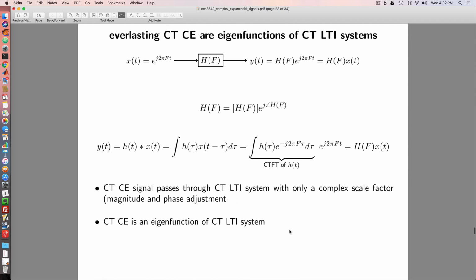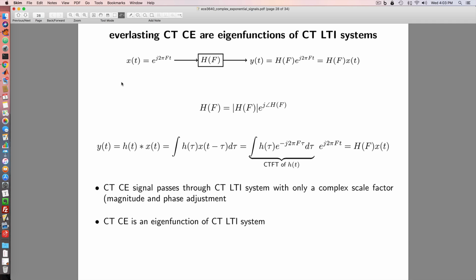Let's see what that means about continuous time complex exponentials. What's the analogy? If you take a continuous time complex exponential signal, note that this is an everlasting complex exponential, not a causal or a finite length complex exponential. You have to stick with the everlasting case. If you put that into a linear time invariant system, well, we'll talk about linear systems and time invariant systems later.